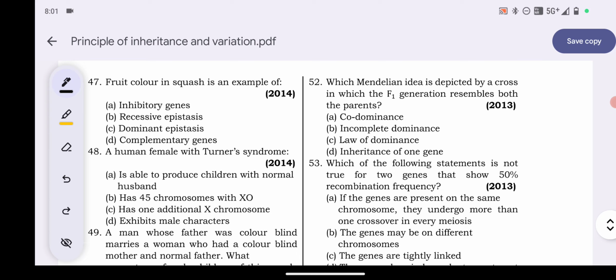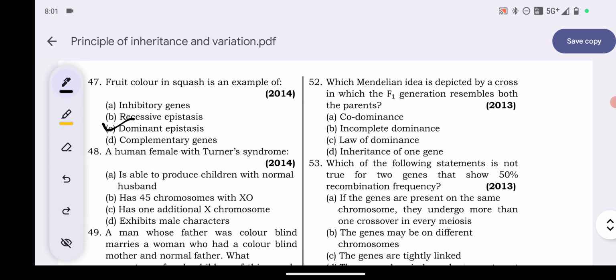So fruit color in squash is an example of option C, dominant epistasis. What do you mean by epistasis? It is a circumstance where the expression of one gene is modified by the expression of one or more other genes. That is called epistasis. So fruit color in squash is an example of dominant epistasis.